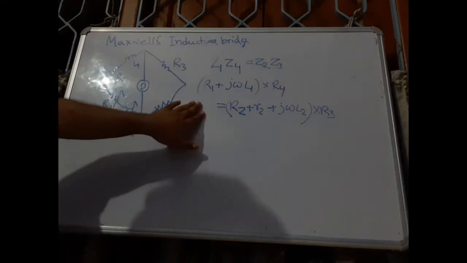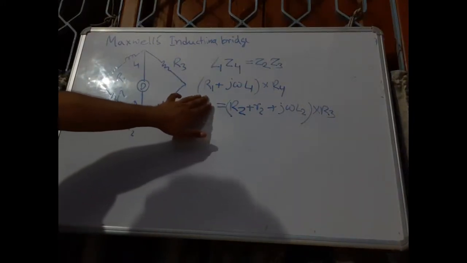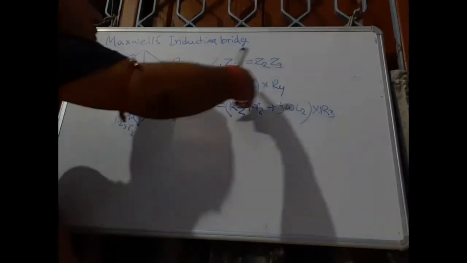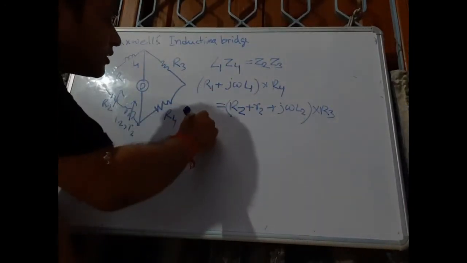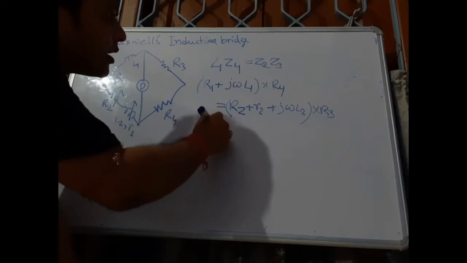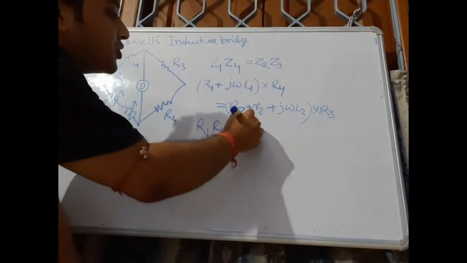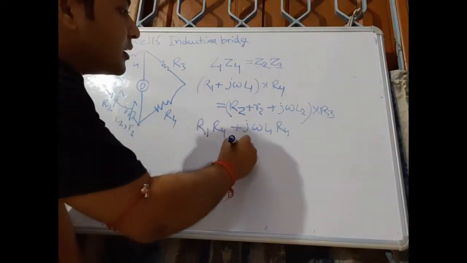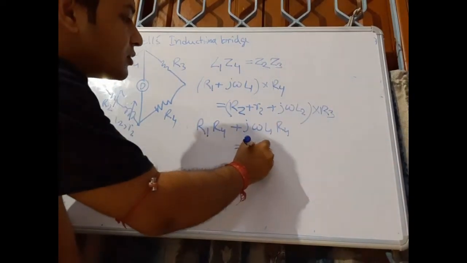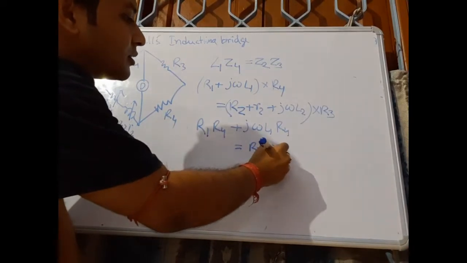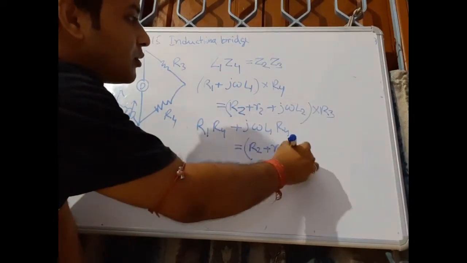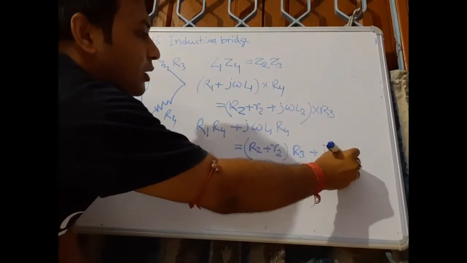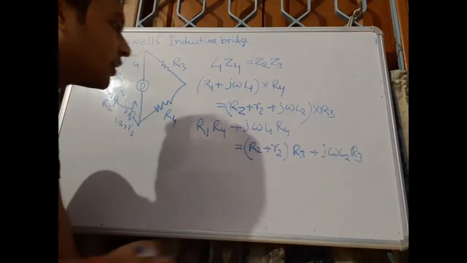Now we have to just separate the real part and imaginary part in this equation. If I multiply it, it will be R1 R4 plus j omega L1 R4 equals (R2 plus small r2) into R3 plus j omega L2 R3.